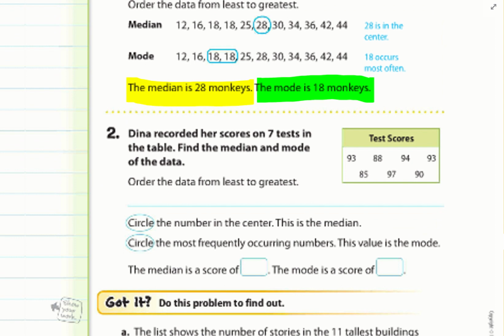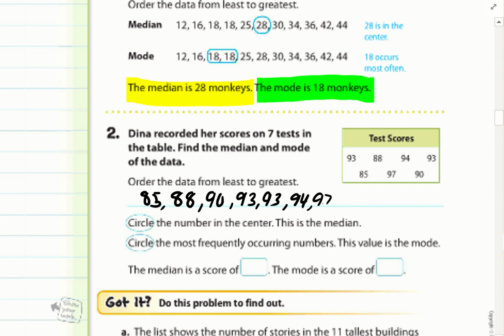So for number 2, Dina recorded her scores of 7 tests in the data. Find the median and mode of the data. First we have to order it from least to greatest. The least we have is 85, and then we have 88, 90, and then we have 93, and then we have another 93, a 94, and a 97.